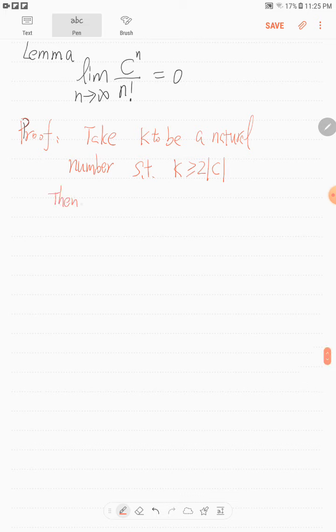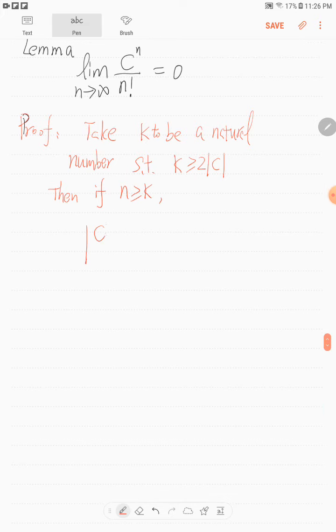Then if n is greater than or equal to k, the quantity c to the n over n factorial can be written as the product of two parts.